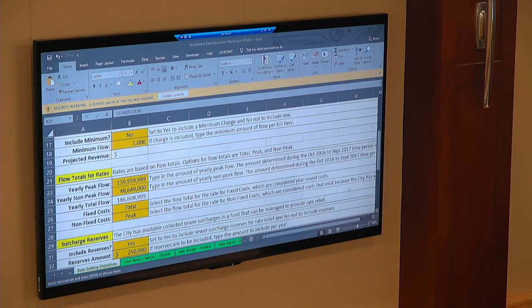Okay. Could I say one thing about this? If you look at the peak versus non-peak, just think from a common sense perspective: if you're using 40,000 gallons a year and you're two people living in the house all year round, you're not using 20 in these two quarters and 20 in these two quarters.